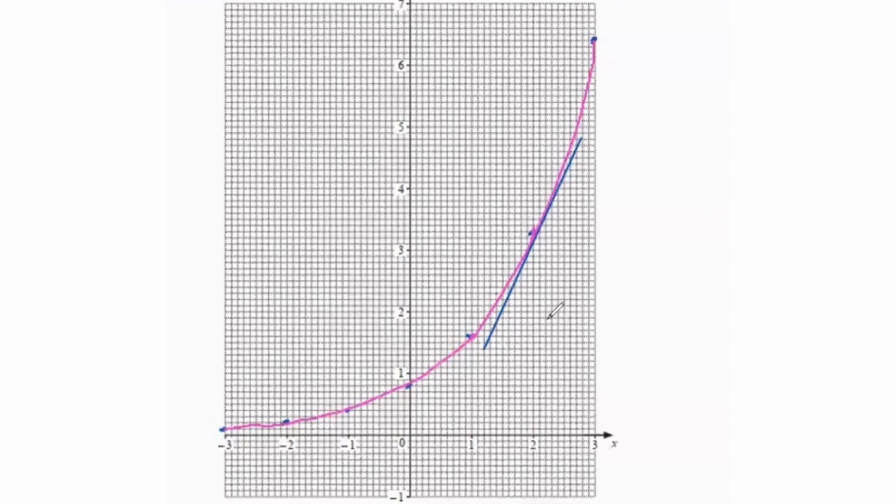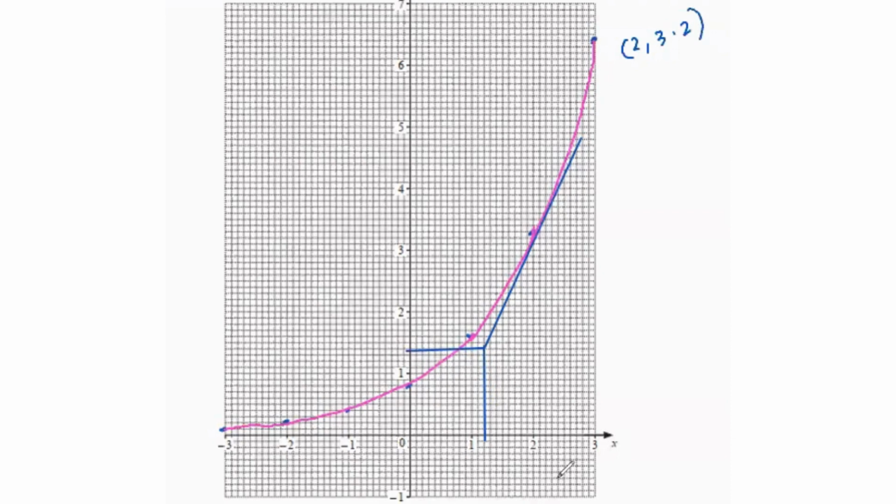We can pick x equals 2 and 3.2, so 2 and 3.2 is 1 point. The other point I would like to pick is, let's go for a whole number, by which I mean a full box.